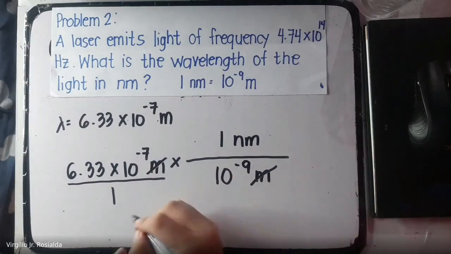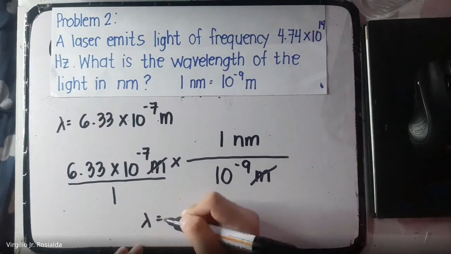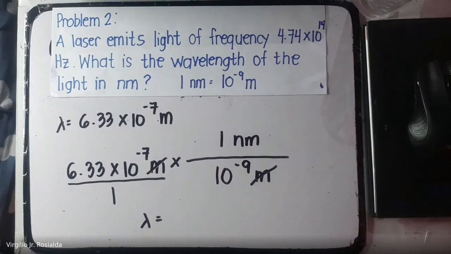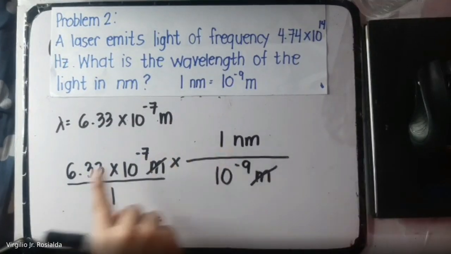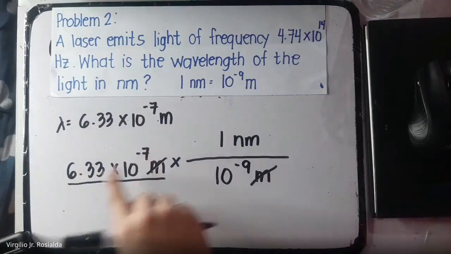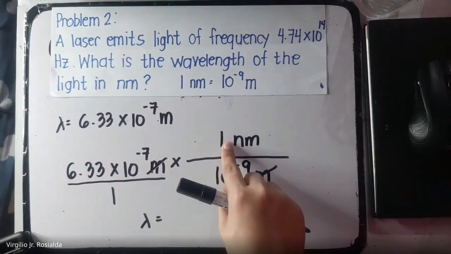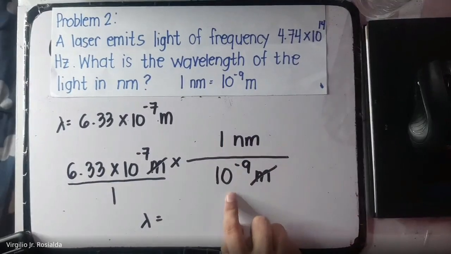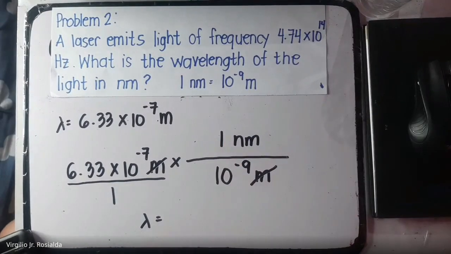Okay? So the final answer for that particular problem is, convert na natin, 6.33 times 10 raised to negative 7 times 1, which is 6.33 times 10 raised to negative 7 pa rin naman, divided by 10 raised to negative 9.